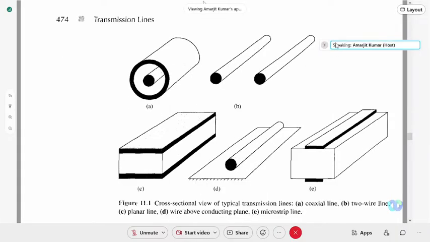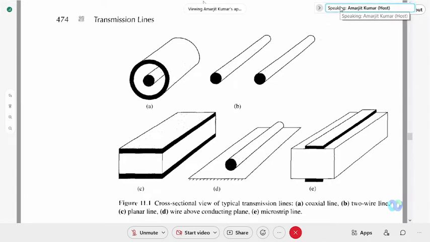What you are seeing here is some types of transmission line. So what are the types, can you tell, and what are the applications of coaxial cable? The first one is coaxial cable.